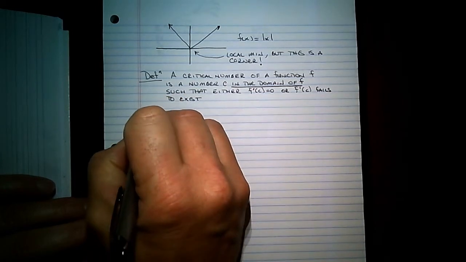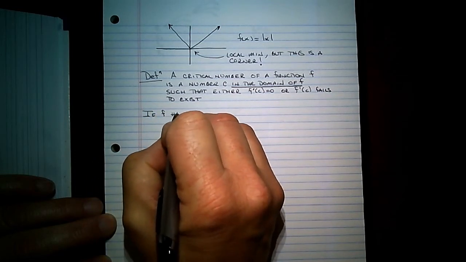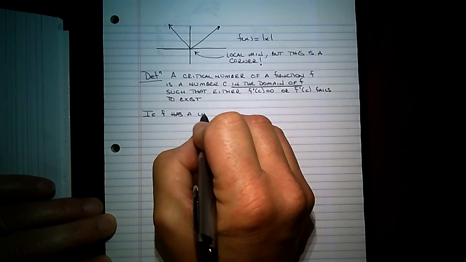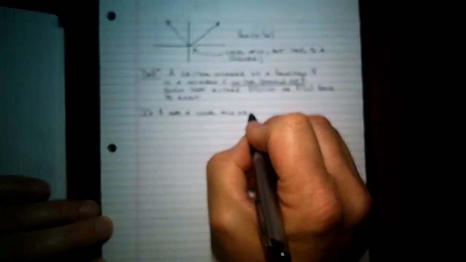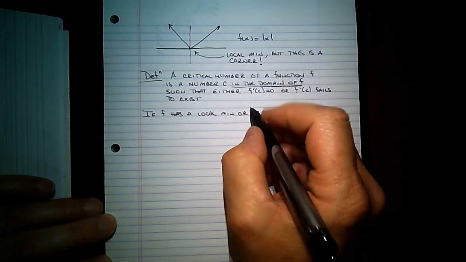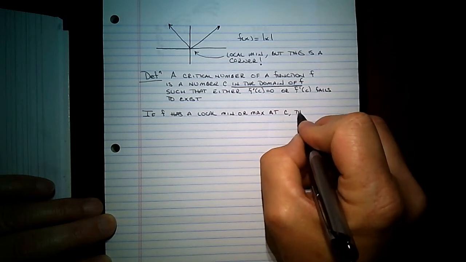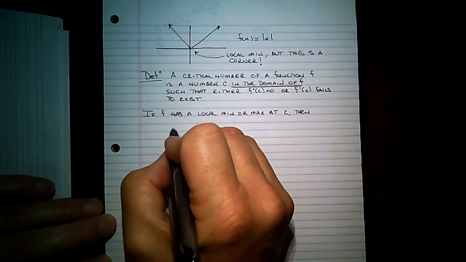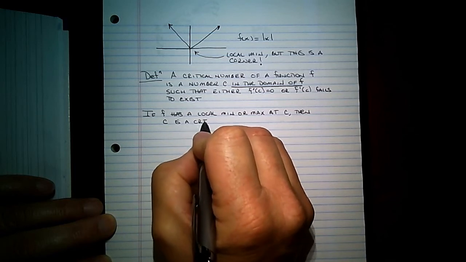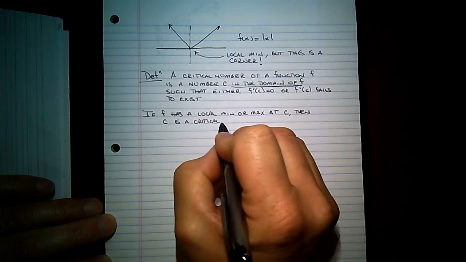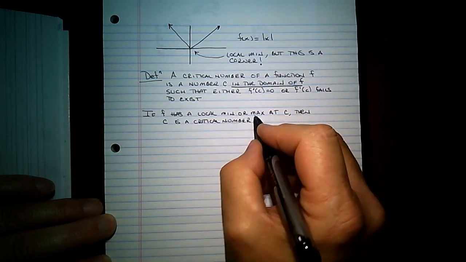He says if f has a local min or max at c, then c is a critical number of f.